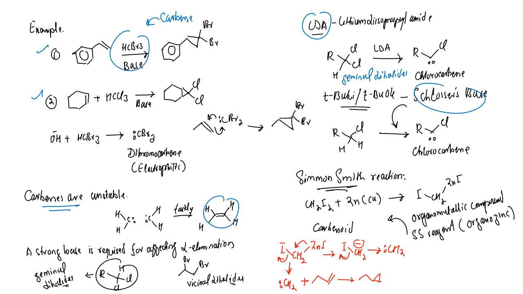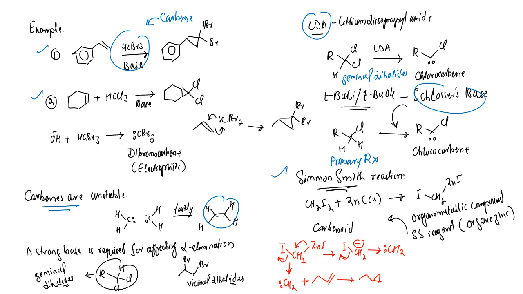Here we get a carbene, and if we use a further strong base, then we can cause an alpha elimination reaction even from a primary alkyl halide as well. So this is a very strong base. So this is all about an alpha elimination reaction.